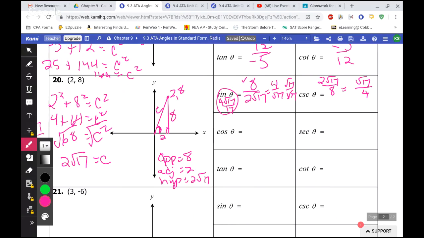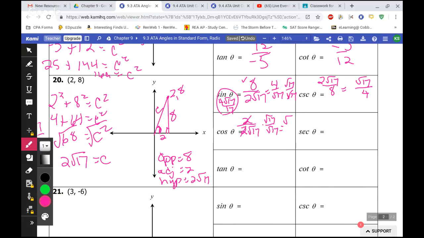And then cosine is adjacent over hypotenuse. So that's going to be 2 over 2 root 17. And the 2's would cancel, but I still have to rationalize that denominator.